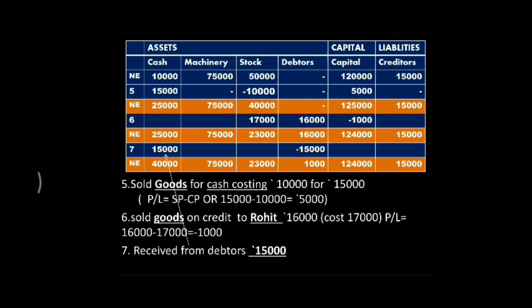Now Rohit is a debtor for rupees 1,000 only. So after this, the new equation is: cash 40,000, machinery 75,000, stock 23,000, debtors 1,000, capital 1,24,000, and creditors 15,000.